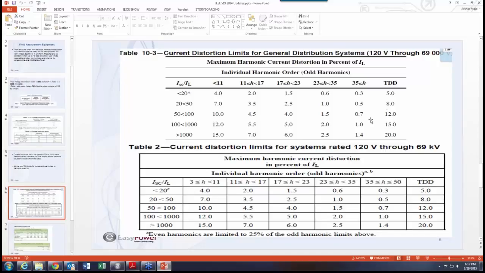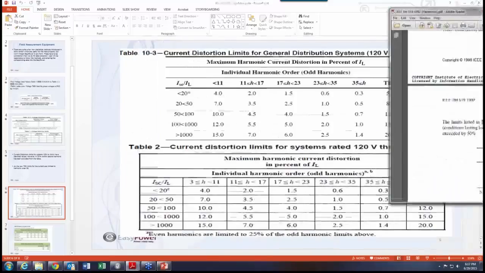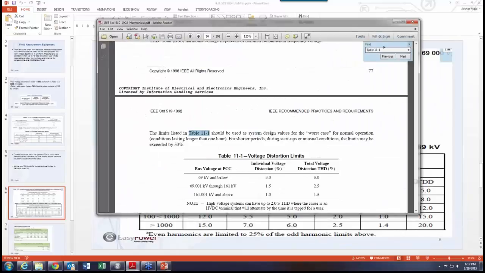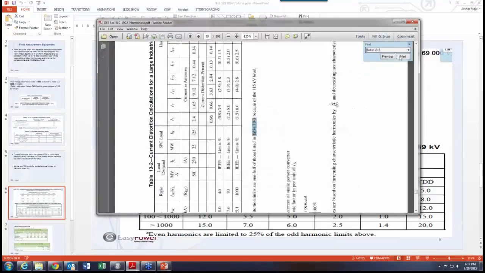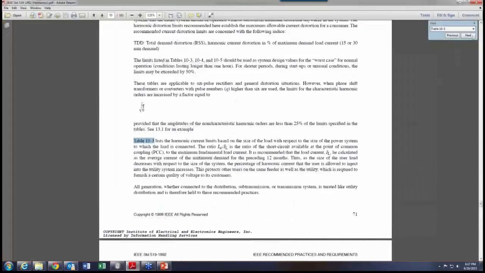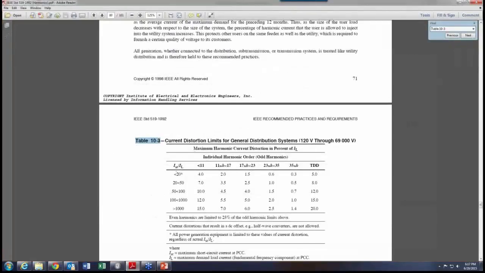And let's go back and look these tables up. Let's start with 1992, that becomes table 10-3 here. Next, next, and next. Here you will see the same exact table, all those values, and a lot of notes.